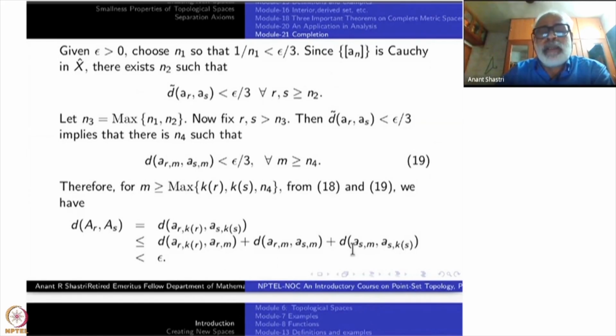So this is the triangle inequality. This is less than or equal to this one. From 18, these two things will be less than epsilon by 3. From 19, this will be less than epsilon by 3. So totally less than epsilon. So this is a Cauchy sequence, is what we have seen.